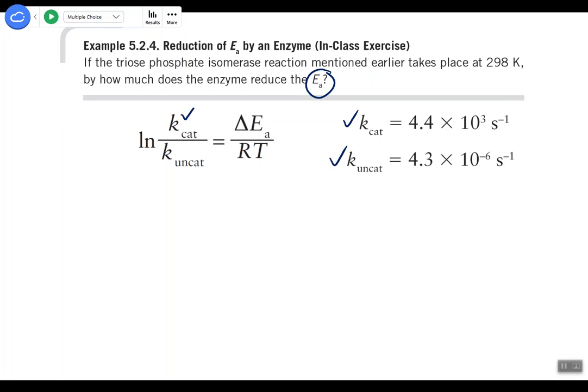So we know what these two values are. We're told that both experiments take place at 298 Kelvin. We always know what our R constant is, which allows us to solve for the delta EA. So now it's simply placing the numbers in this relevant formula and solving for EA.